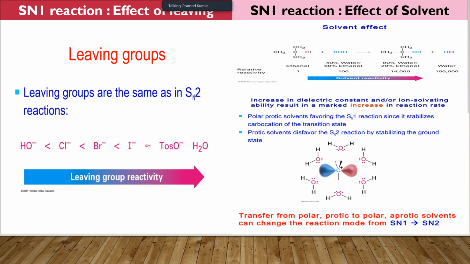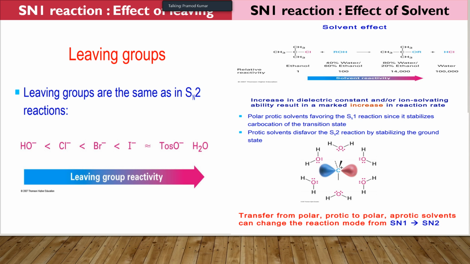Similarly, the effect of leaving group is similar to that of an SN2 reaction. Bulkier groups with polarizability, which have good leaving group property, will be more preferred. So your iodine will be more preferable than your bromine, than chlorine, than hydroxide. So this is the priority. Okay.